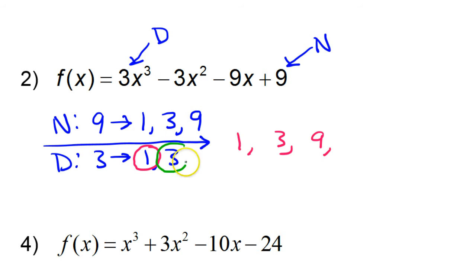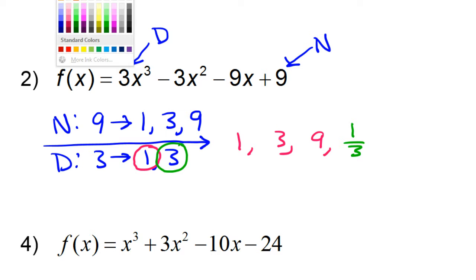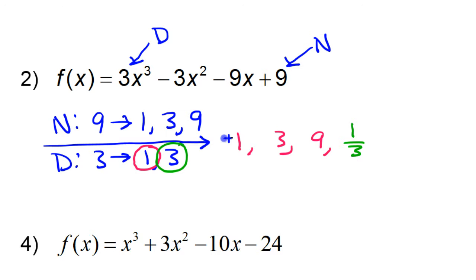Now I'm going to use the denominator of 3. 1 over 3 is 1/3. 3 over 3 is 1. We already have that. 9 divided by 3 is 3. We already have that. So all I need to do is put a plus or minus on each of these.